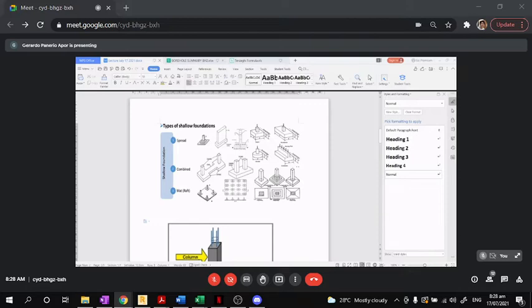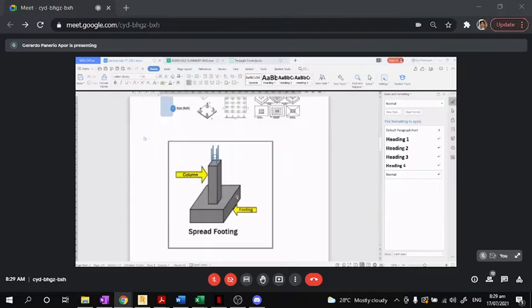So first you have to know the weight of the structure. Okay. Let's move forward.